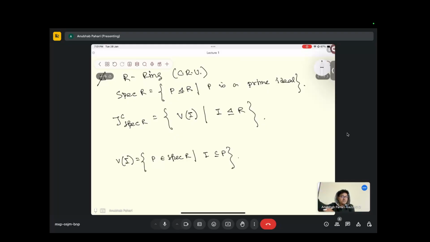Now, this would require some standard results from commutative algebra.